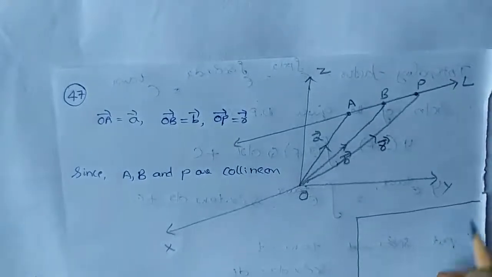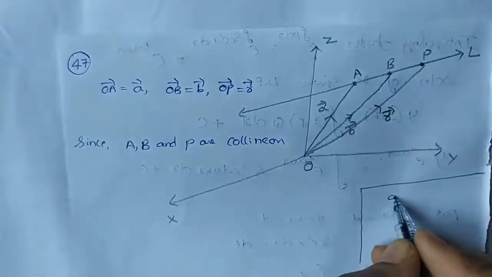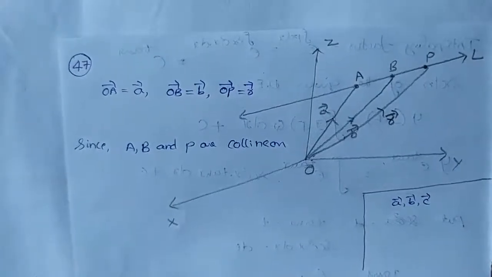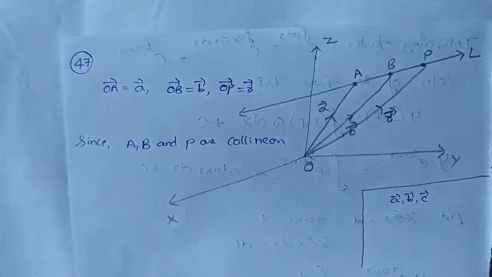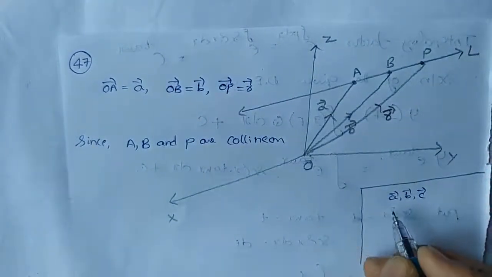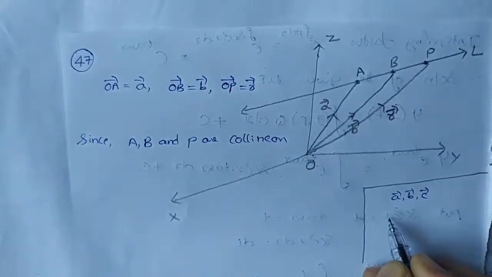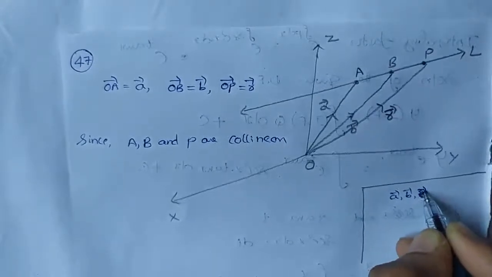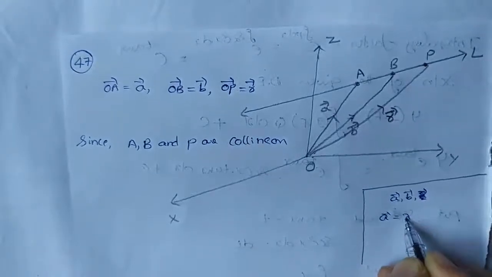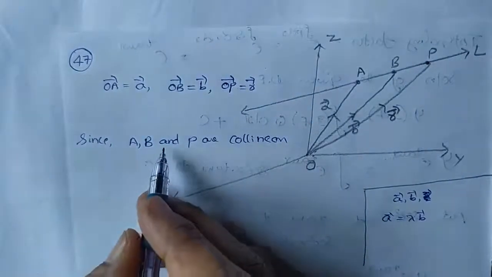For collinear vectors and for parallel vectors, we have the same condition we have learned in vector algebra. If A vector and B vector are collinear, then A vector equals lambda times B vector. Similarly, let us apply this condition here.